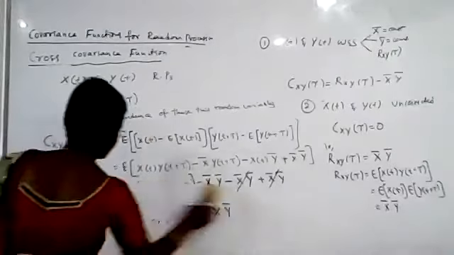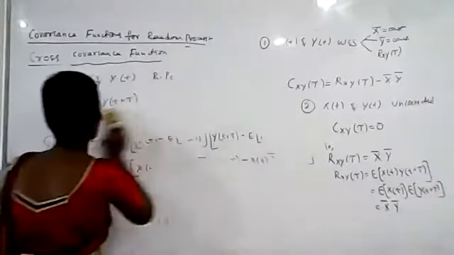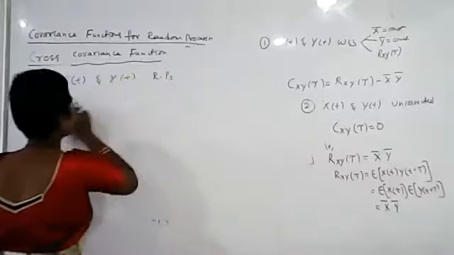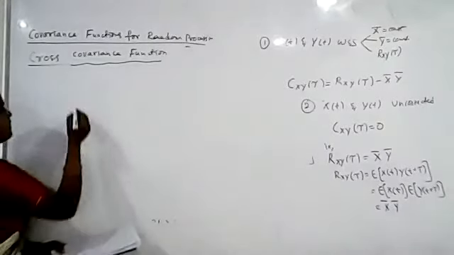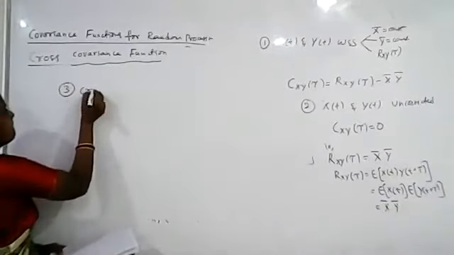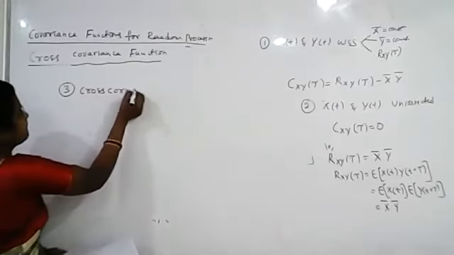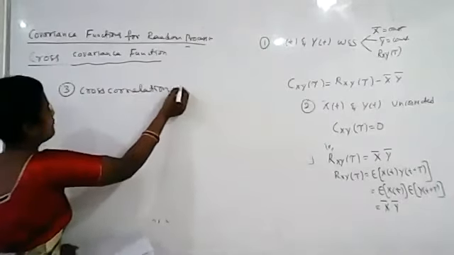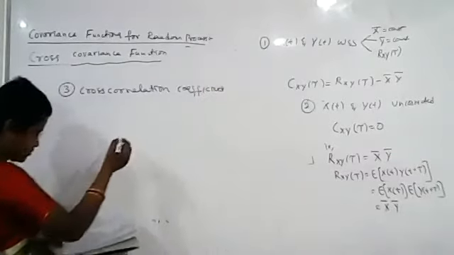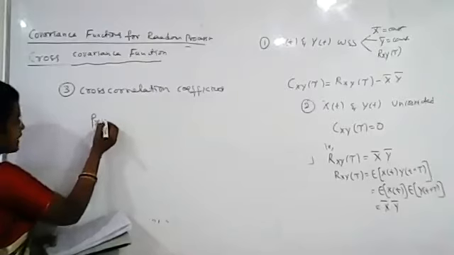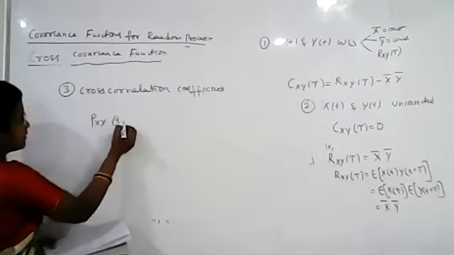Now we'll see the third case. The third case is finding the cross correlation coefficient. It is given as rho xy of t comma t plus tau.